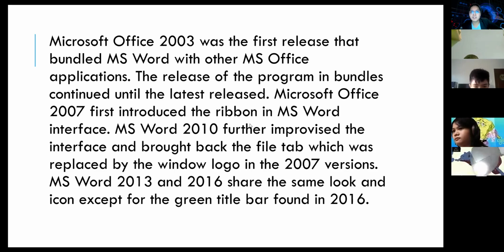MS Word 2010 further improved the interface and brought back the File tab, which was replaced by a Windows logo in the 2007 version. MS Word 2013 and 2016 share the same look and icons except for the green title bar found in 2016. In my case, I am using 2016 because this is an offline version, so I can manipulate everything throughout.